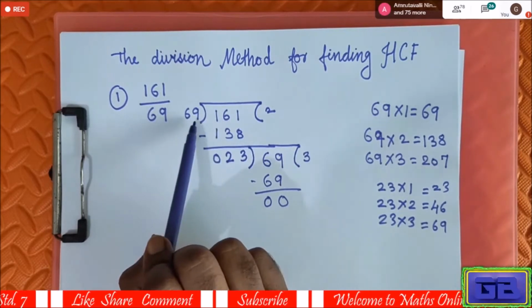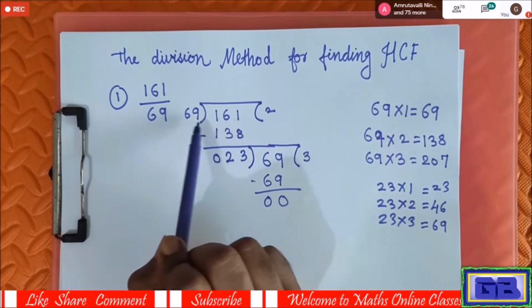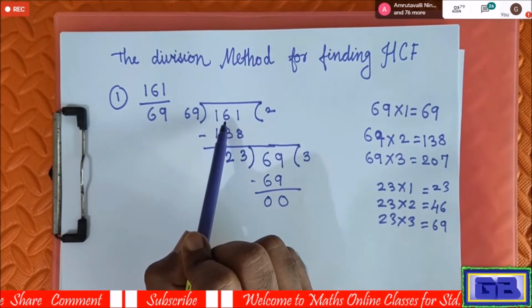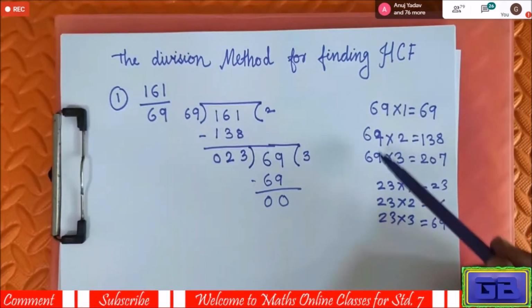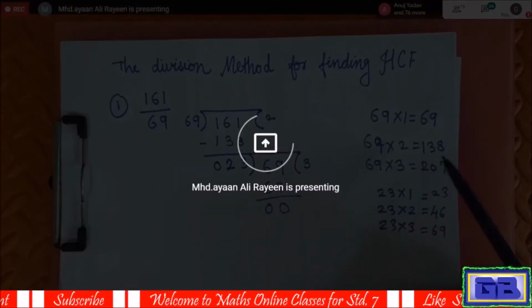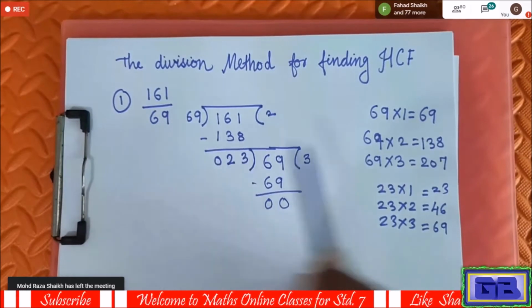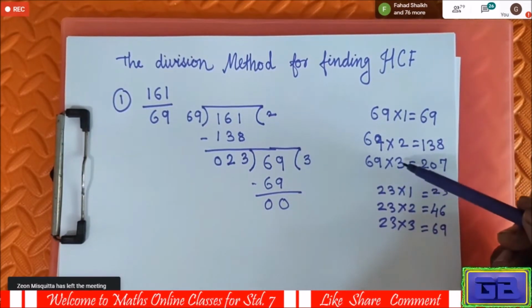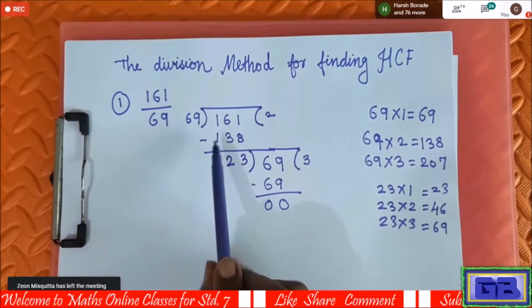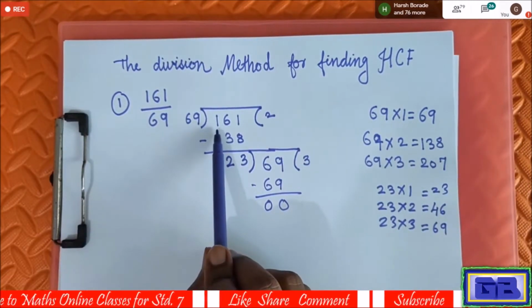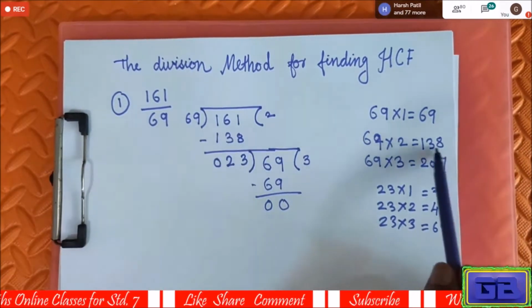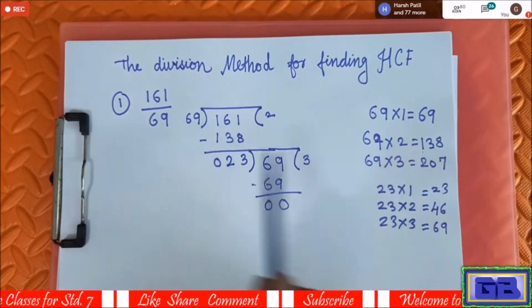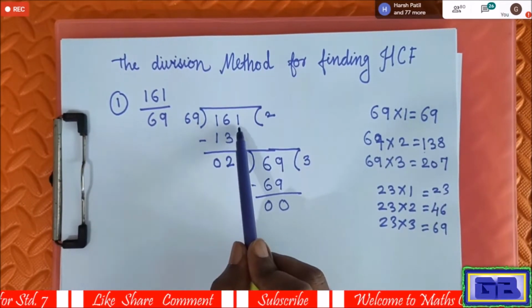So we have taken this in division form and we have divided. 69 is the bigger number, therefore we formed a table of 69, and we compare with 161. We got 138 is smaller than 161.